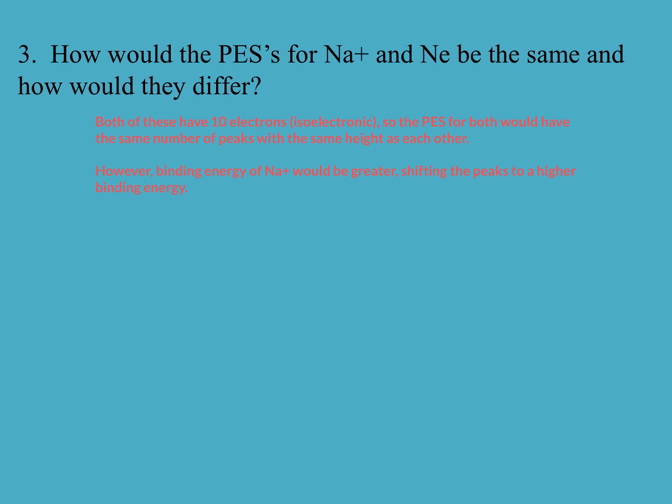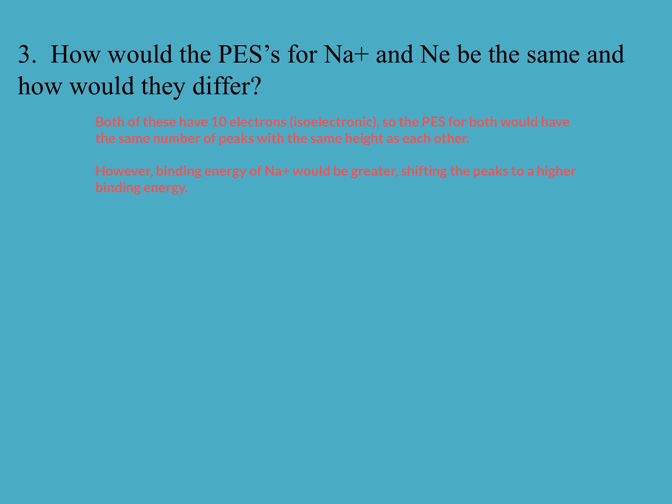But remember that sodium has 1 more proton than neon does, and as a result, the binding energy of Na plus would be greater. And that's going to shift all of the peaks to a higher binding energy number on the PES.